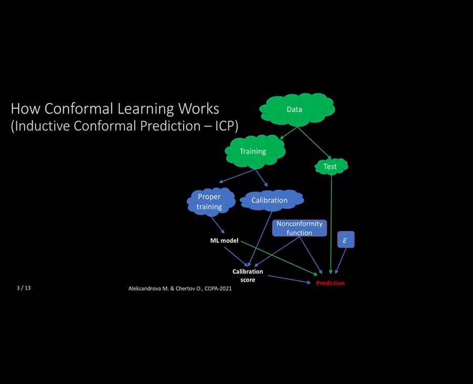The two important parameters of the conformal learning framework are the user-specified error rate epsilon, or significance level, and the nonconformity function. A nonconformity function is a function that is meant to measure nonconformity, or the strangeness, of every point in our data set. And it is used both to estimate the calibration scores and on the prediction step.